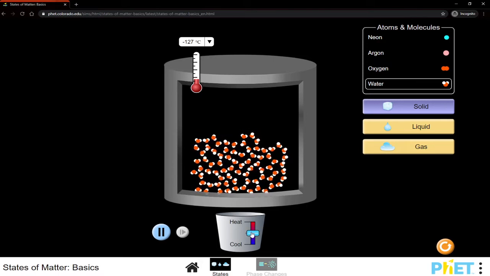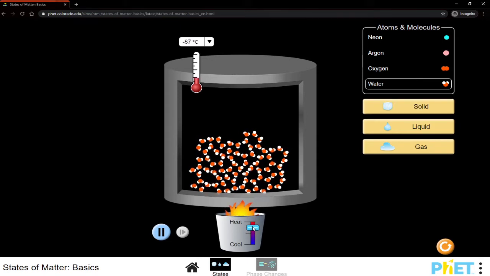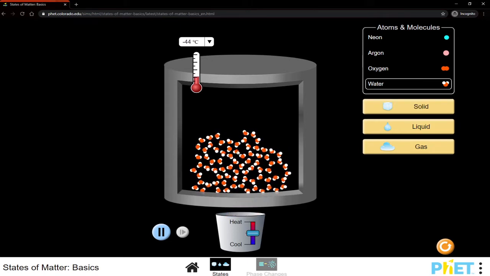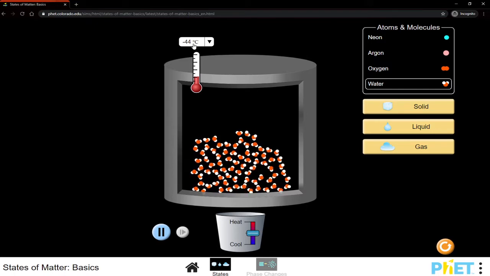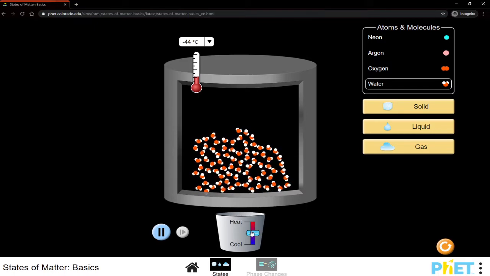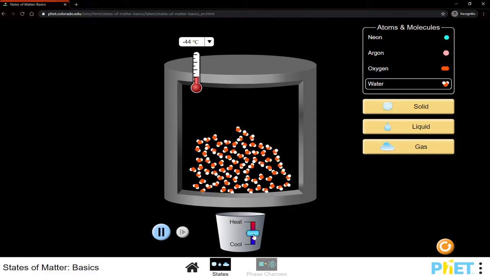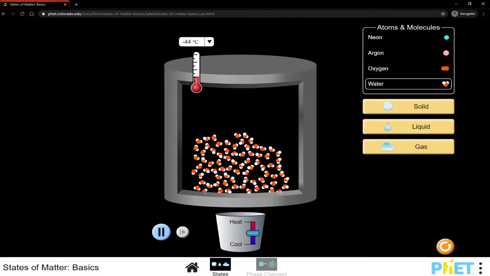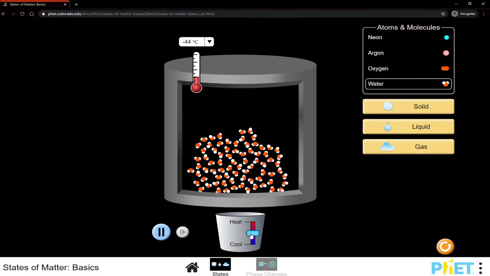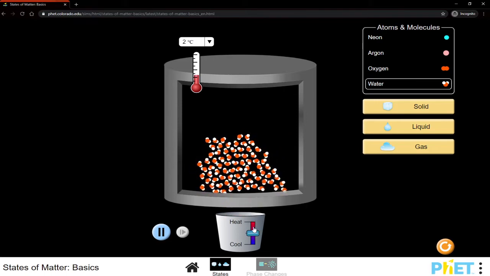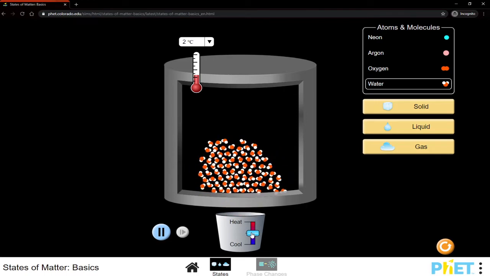Now, as we heat this up, we're going to, of course, add more of this jostling. So now we're at negative 44 degrees Celsius. Still pretty cold for us humans, but not that cold that things are motionless at the atomic scale. We keep heating this up, and now we're in the liquid phase.